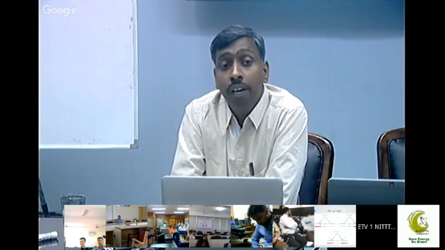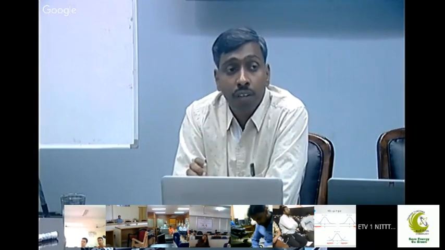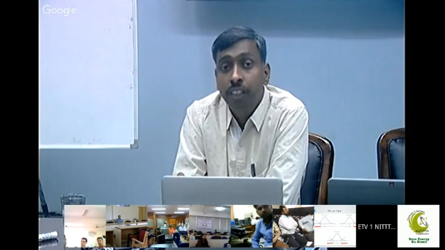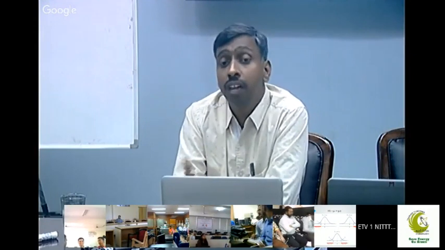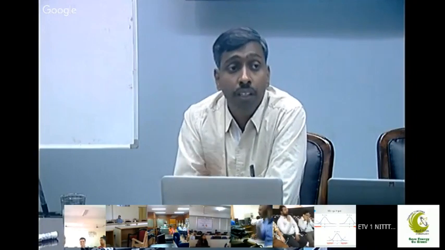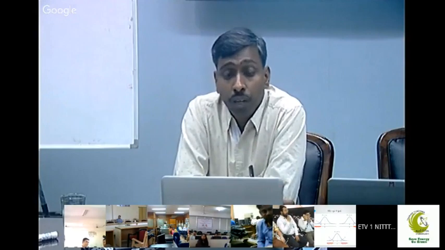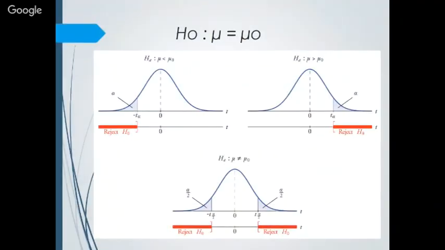We want to compare whether the average output from that machine gives 230 volts or not. So we are comparing the sample mean with the population mean, where mu is the population mean and mu naught is the sample mean. First we assign that those two are equal.